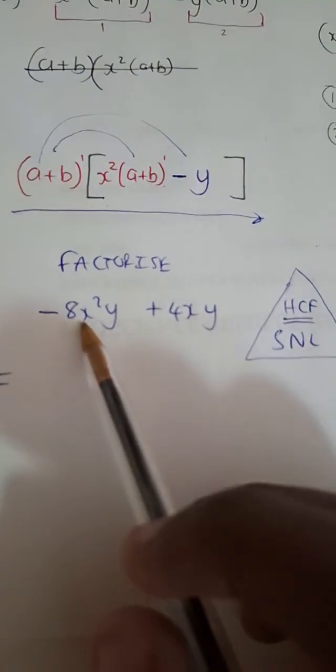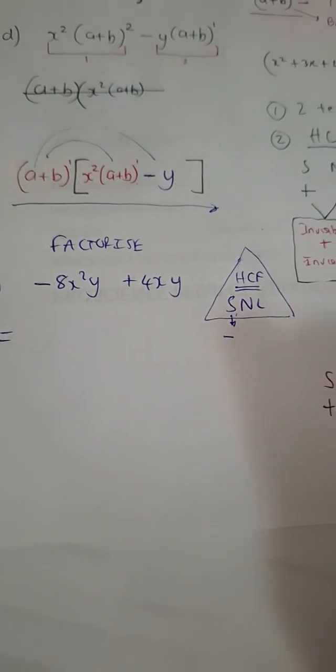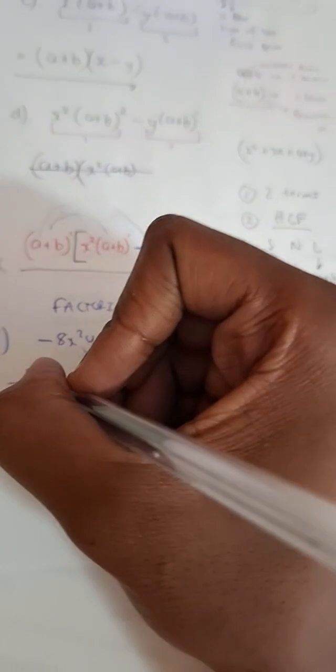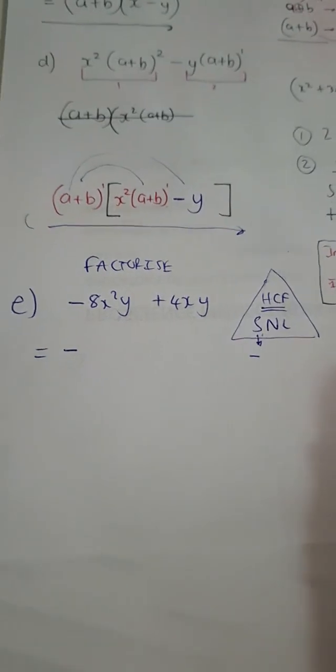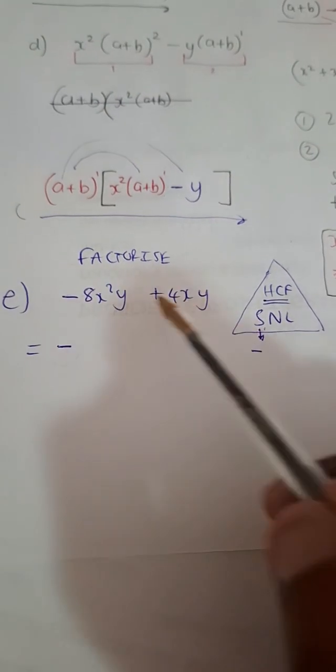Highest common factor between the sign. The sign here now is negative. So the highest common factor sign between negative 8 and positive 4 is negative. Very important.